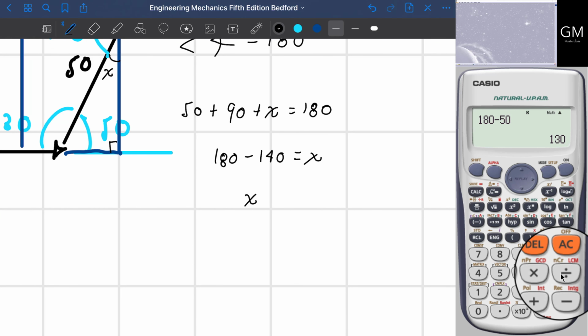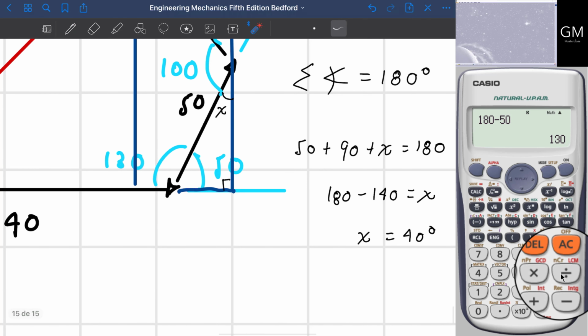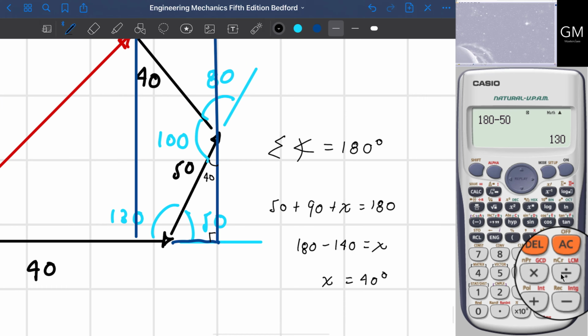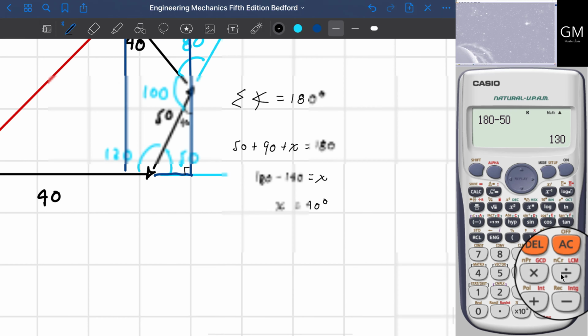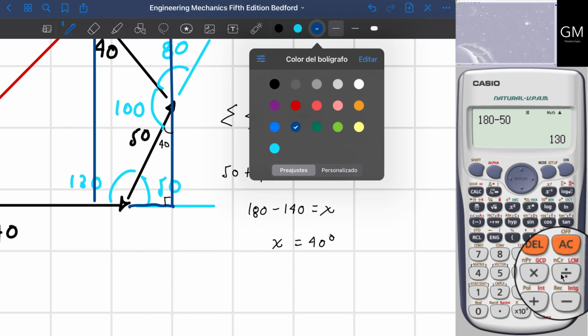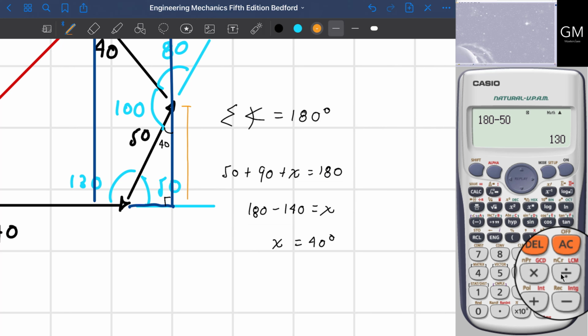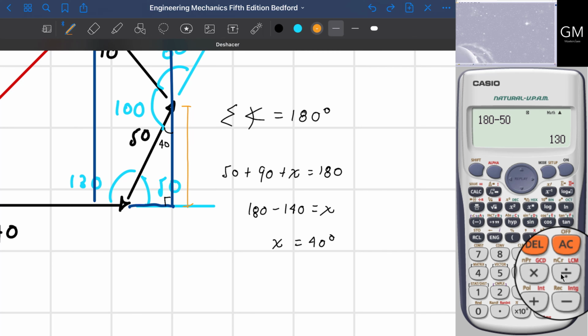Hence x equals 40 degrees. So I'm gonna write down that here. 40 degrees, and now I can find this value. I'm going to call this, I don't know, h.